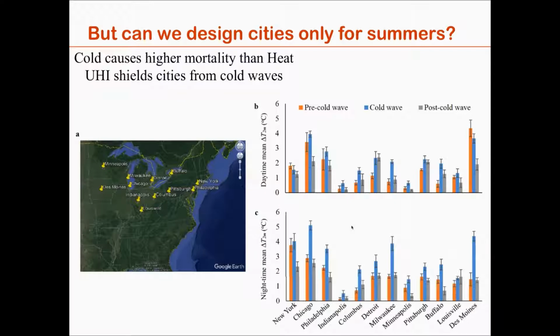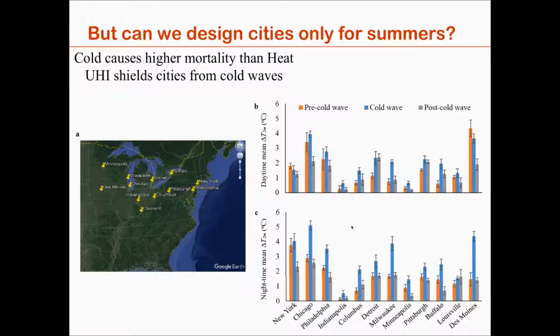And so given that the urban heat islands shield cities from extreme cold, we wanted to see what these benefits are. So this is a plot of observational data, just observations. On the y-axis is the urban heat island, so the difference between temperature in the city and outside of the city. During the daytime, top graph, and during the nighttime, bottom graph.